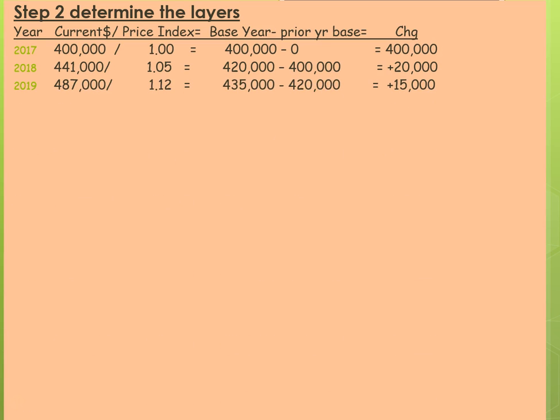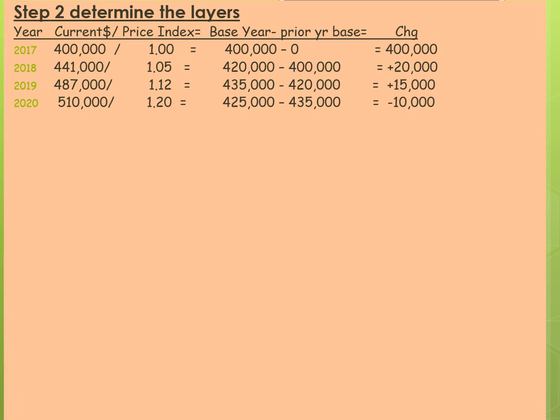For the next year, we divide by 1.12, and we subtract our 420 from our previous year, and now we have a layer of 15. And in our last year, we take our 510 divided by the 1.2. We have a base of 425 minus the prior year, which means we went down by 10,000.